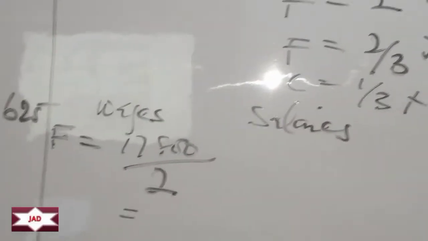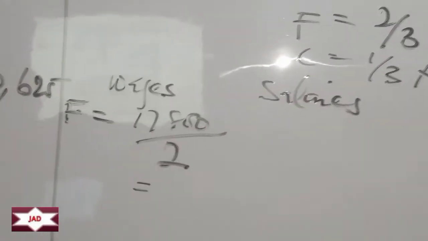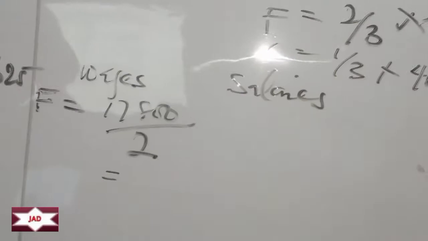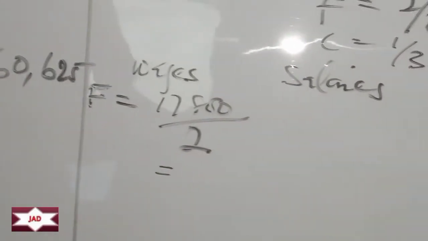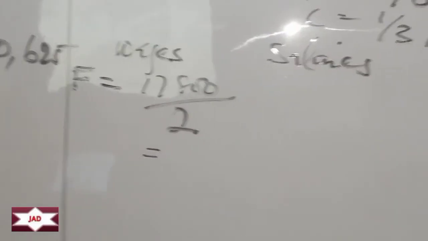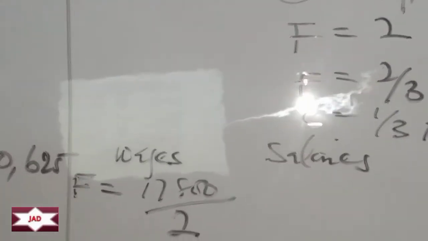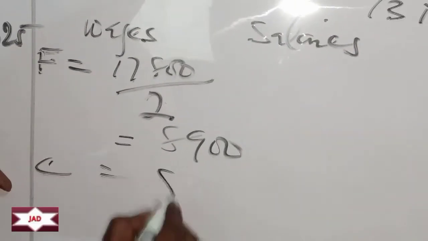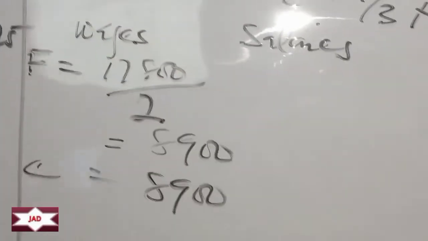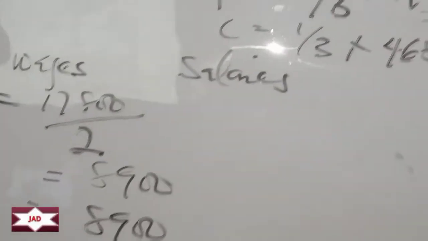17,800 divided by 2, that's 8,900. C will be 8,900. The salaries should be apportioned in the ratio 2:1.